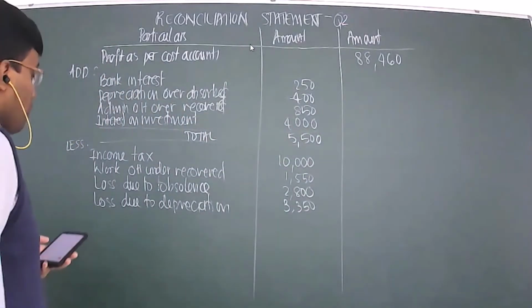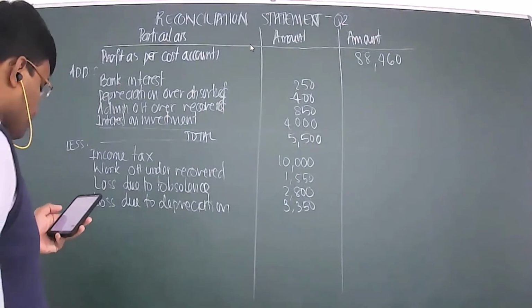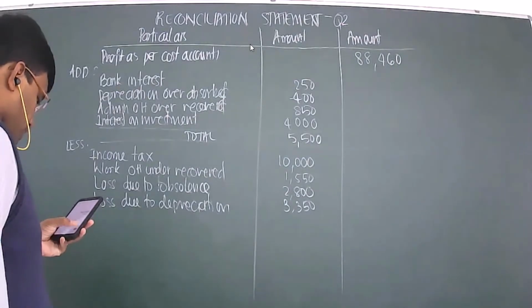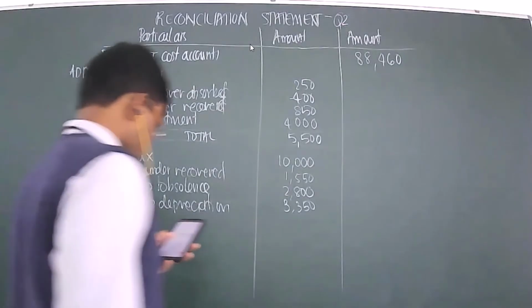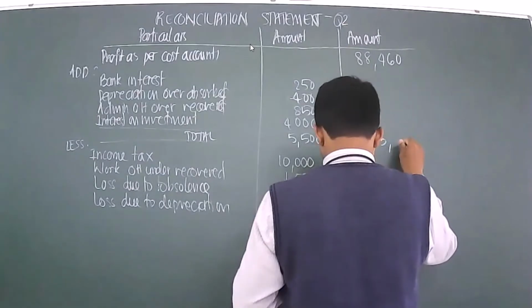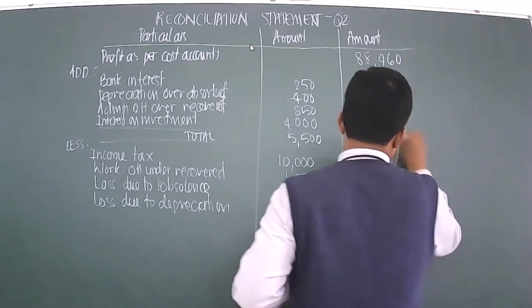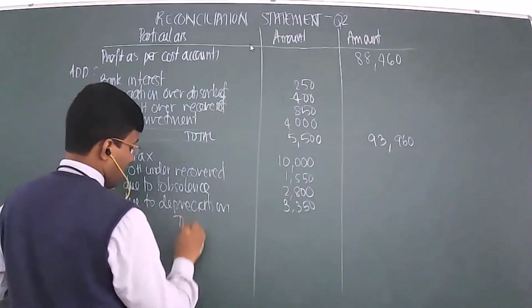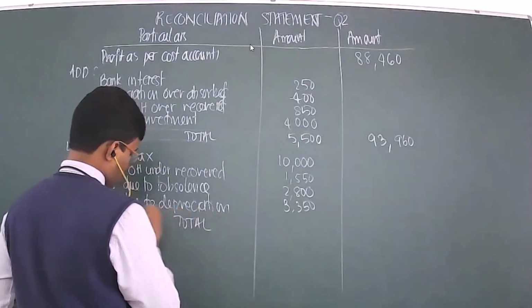So the total works out to be 93,960. Now, let us calculate the subtotal of the deductions as well.